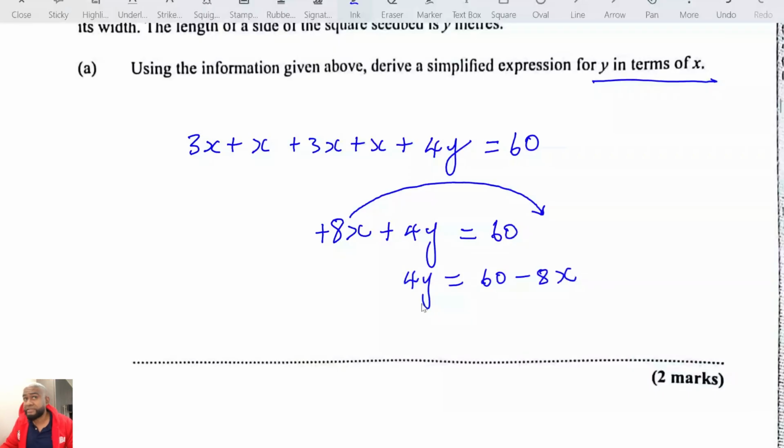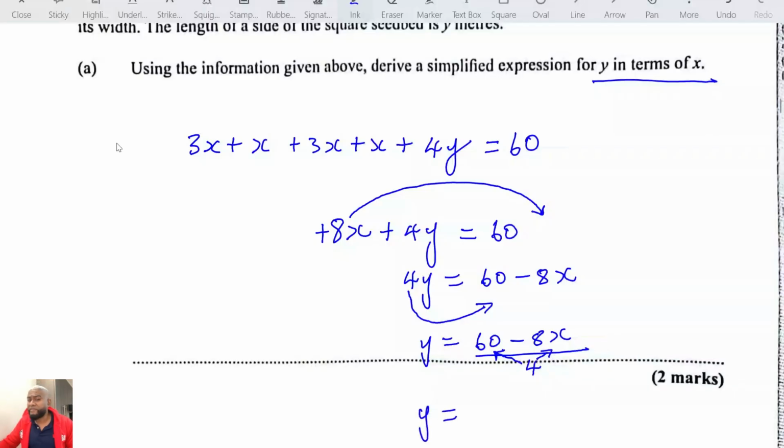What do we do next? Move the 4. When I move 4 here, what do I do with it? So it'll be 60 minus 8x, divided by 4. Everybody good there? What am I dividing the 4 by? The 60 alone? The 60 and the 8x. That's right.